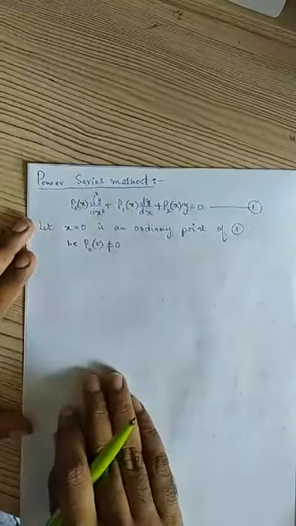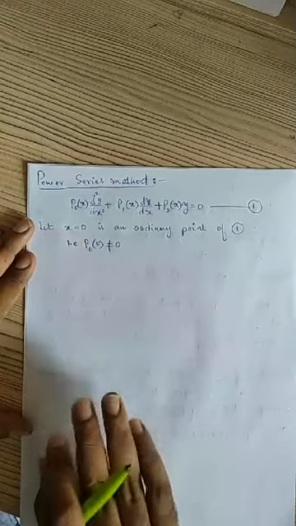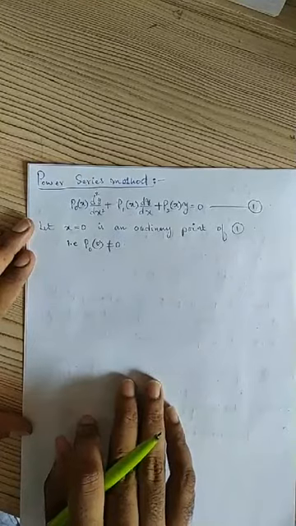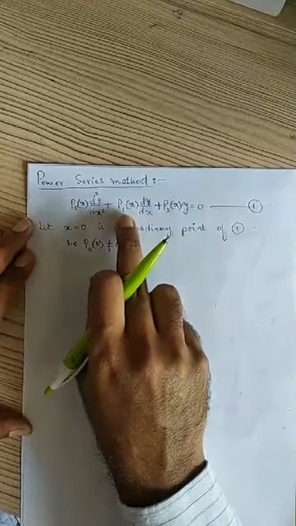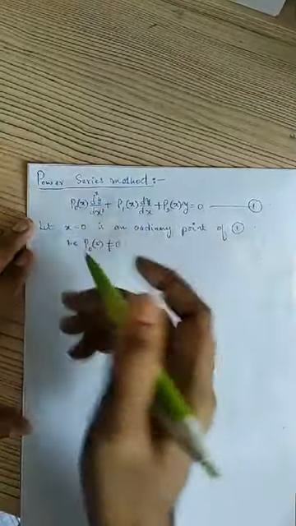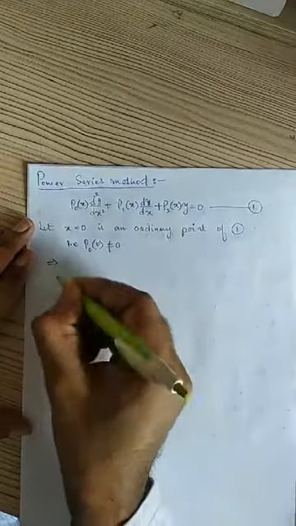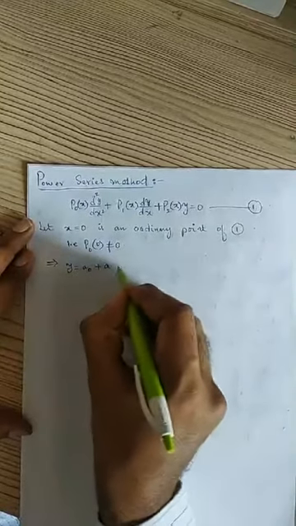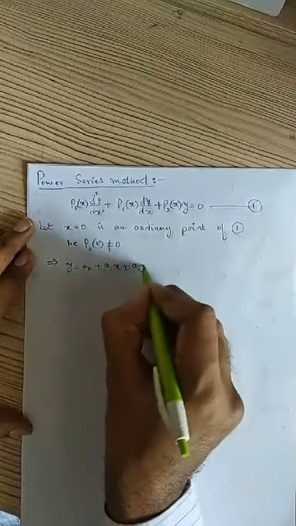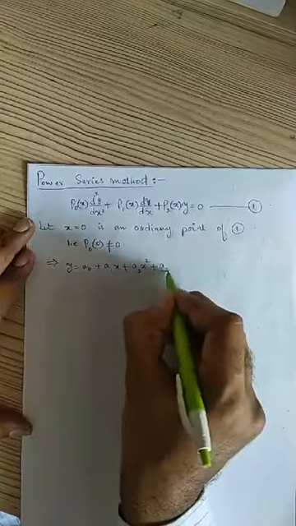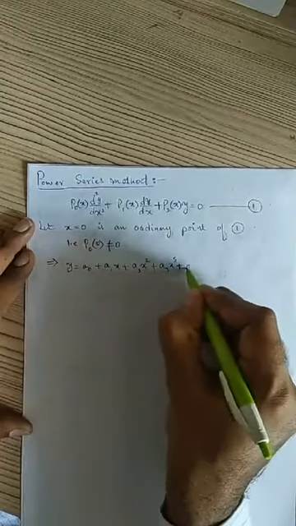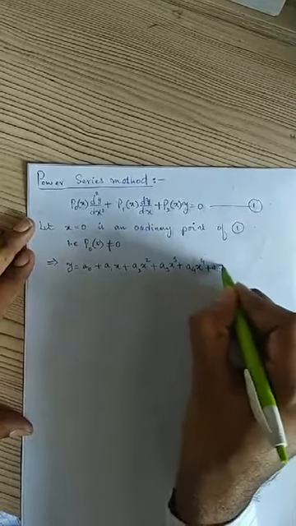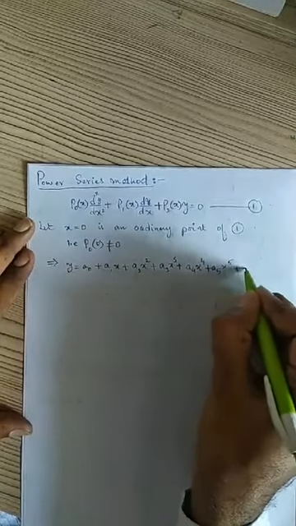If x equals 0 is an ordinary point for the given equation, then, from the result we have just seen, every solution y of this equation can be expressed in series form. Then this implies, from the result, y equals a naught plus a1x plus a2x square plus a3x cube plus a4 x power 4 plus a5 x power 5 plus so on.